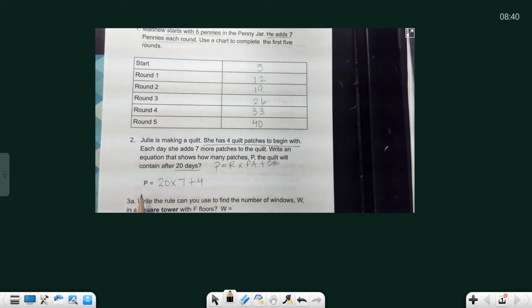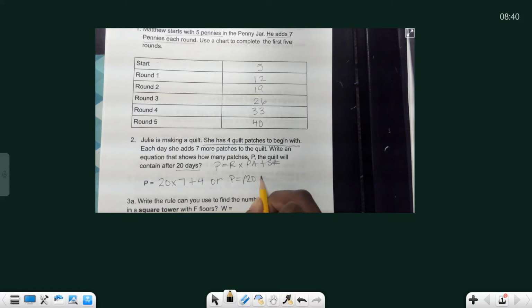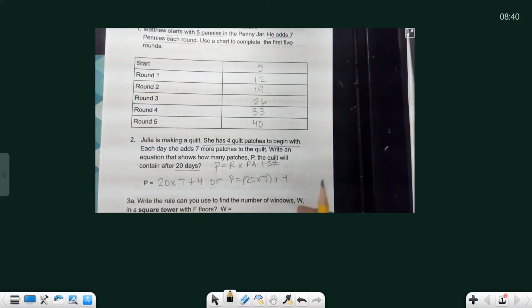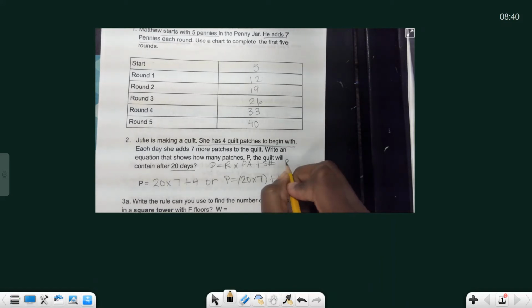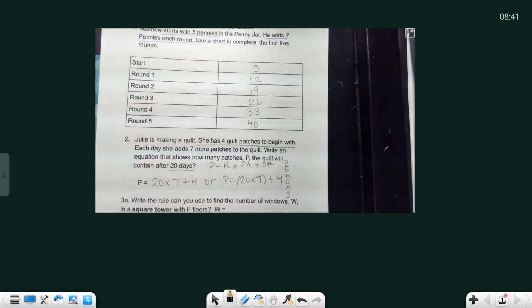So the expression that you would use for this would be P equals 20 times 7 plus 4. It can be written this way, or we can do it this way. P equals parentheses 20 times 7 plus 4. And if you remember order of operations, you go in PEMDAS, and you would have to solve what first? Multiplication. Okay. All right.